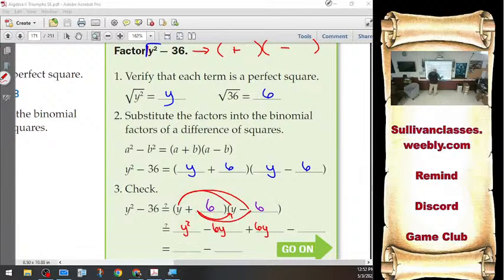And 6 times negative 6, negative 36. What happens in the middle when I combine negative 6y and 6y? Poof! Gone! Bye-bye! Turns into just y squared minus 36. Checks out.